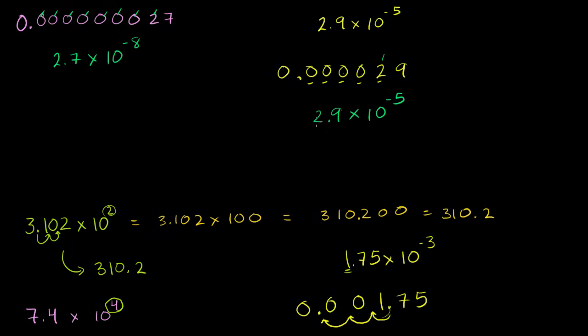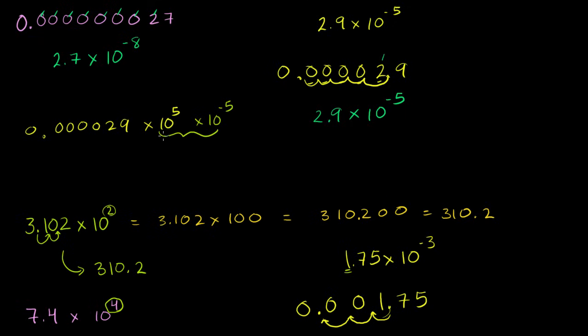And once again, this isn't just some type of black magic here. This actually makes a lot of sense. If I wanted to get this number to 2.9, what I would have to do is move the decimal over 1, 2, 3, 4, 5 spots. And to get the decimal to move over to the right by 5 spots, I'll have to multiply it by 10 to the fifth, and I'm also going to have to multiply it by 10 to the negative 5, because I don't want to change the number.